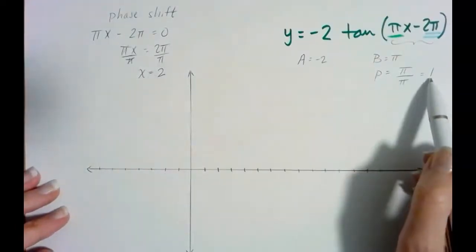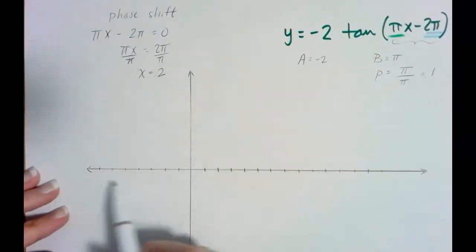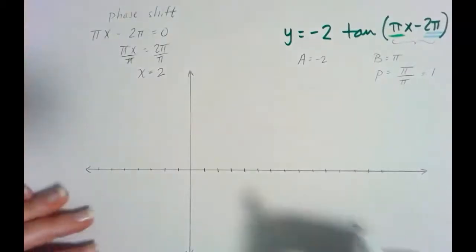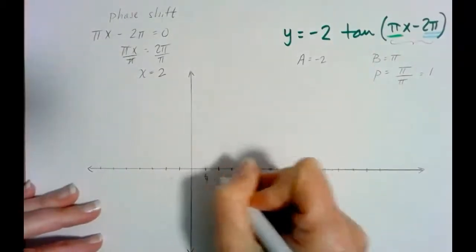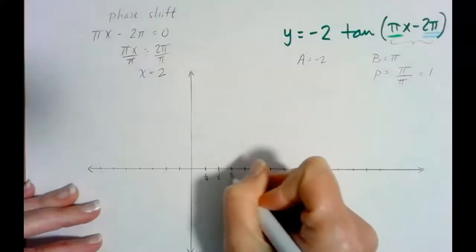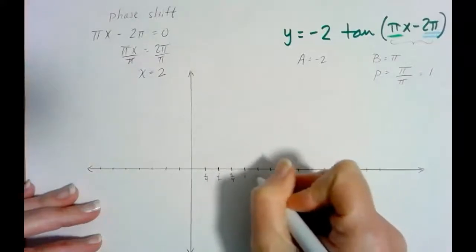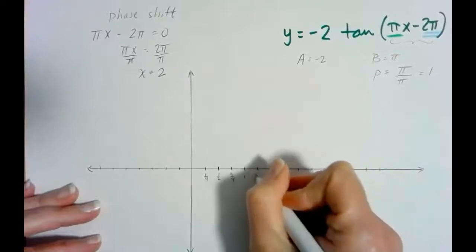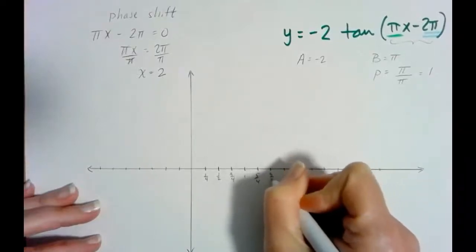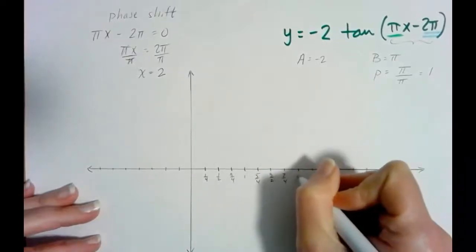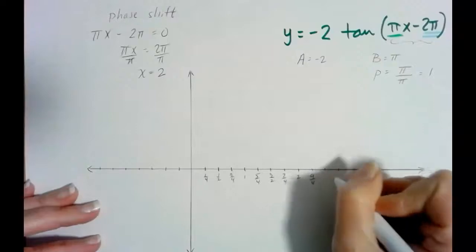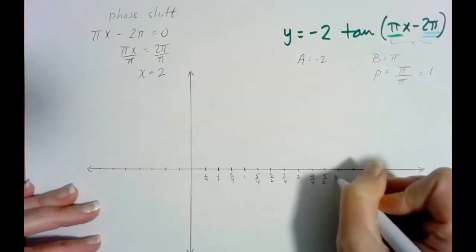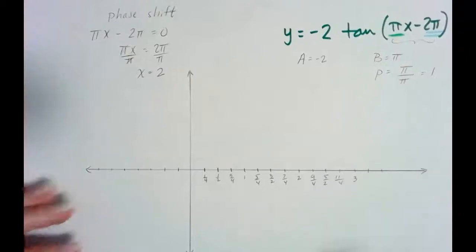Now, with our period so short, only 1, let's still number our x-axis in terms of quarters. 1/4, 1/2, 3/4, 1, 1 and 1/4. So 1/4, 2/4, 3/4, 4/4, 5/4, 6/4, 7/4, 8/4, 9/4, 10/4, 11/4, and 12/4.